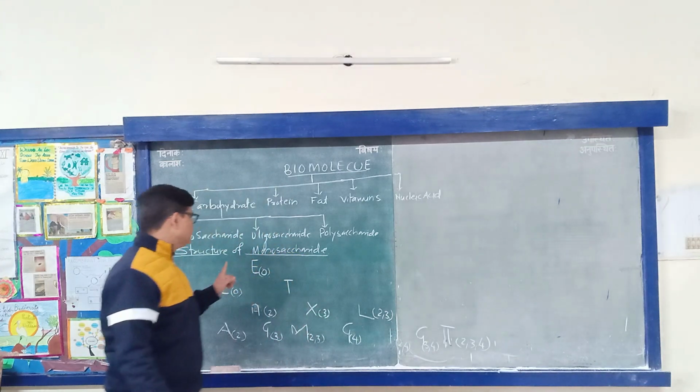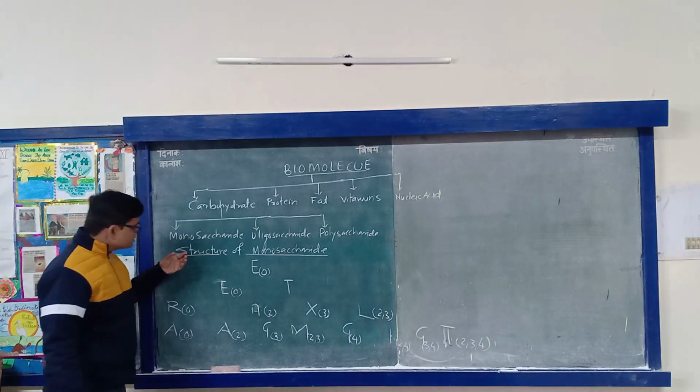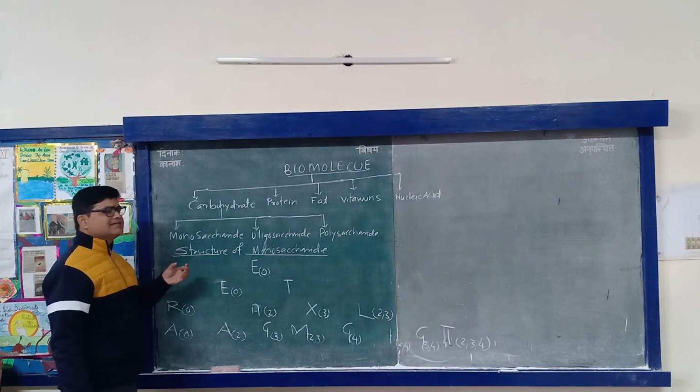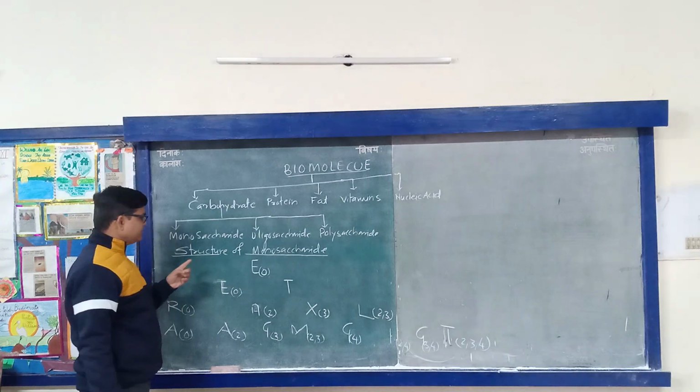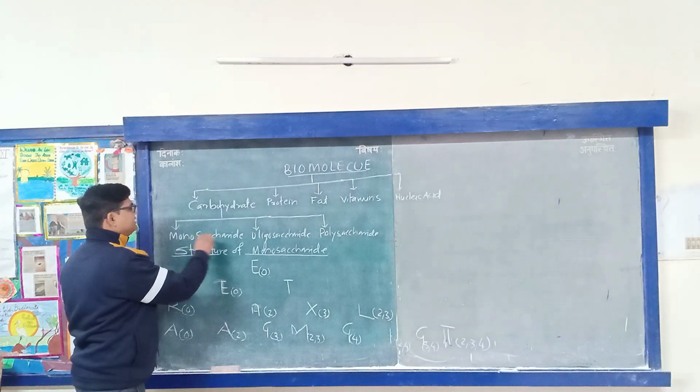First of all, monosaccharides are the simplest sugars among all these categories.